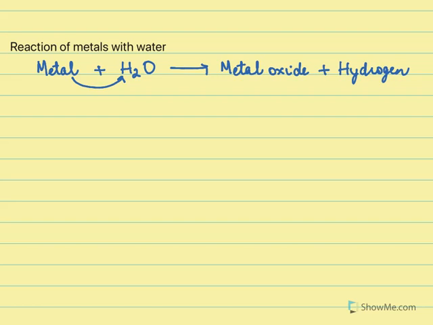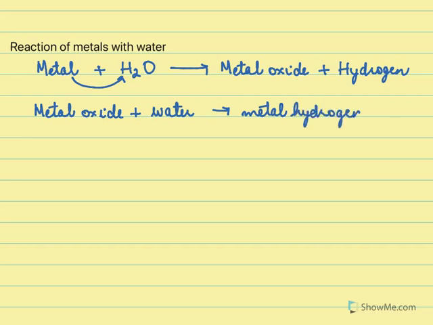However, some of the metal oxides are soluble in water. So the metal oxides now react with water to give you metal hydroxides. However, it is to be noted that all metals don't react with water.